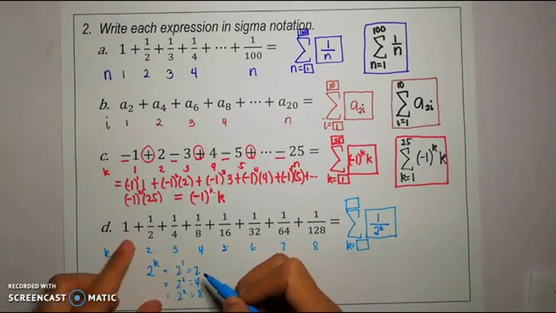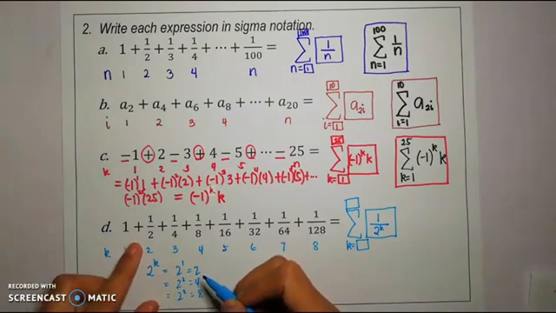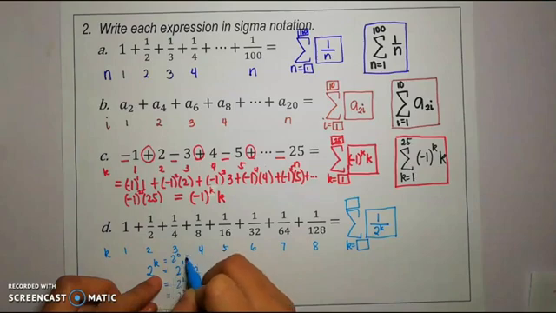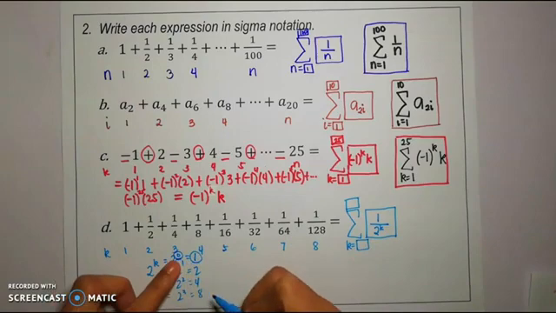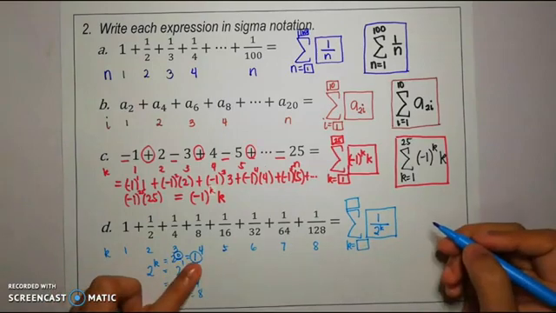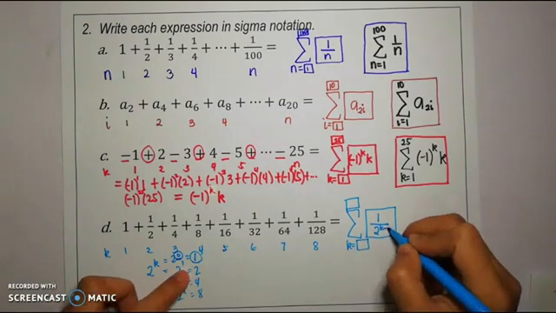However, our first term needs to be 1, not 2. To become 1, we need to raise 2 by 0, so we need to subtract 1 from the exponent.